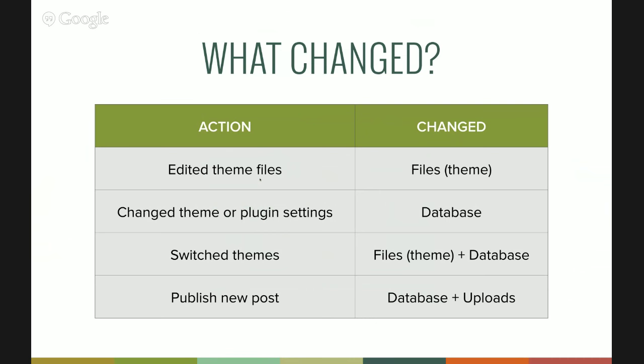And finally, if you publish a new post, there are changes to the database because the content lives in the database. And if you upload any images to the post, that gets saved into the uploads directory. And in fact, if you want to push changes to the production site, you don't have to upload or transfer the entire uploads directory.